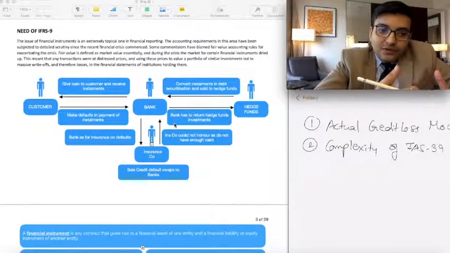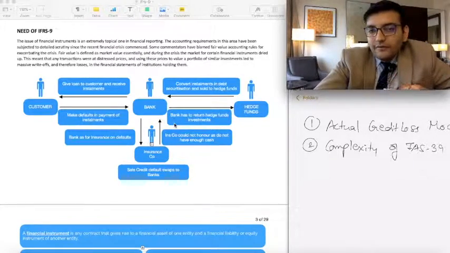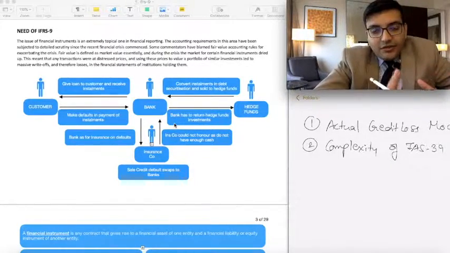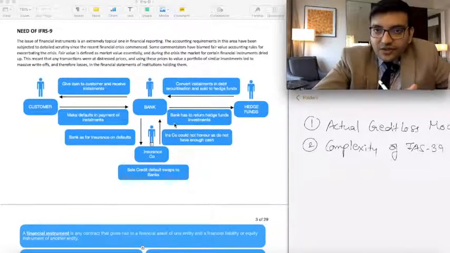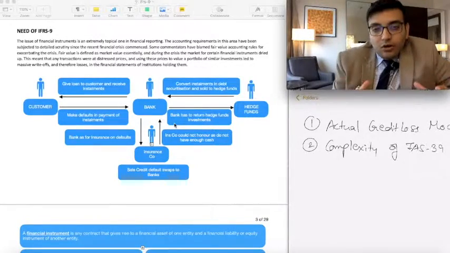Because of such loans, when a huge volume of mortgages was given out by the banks, the risk increased, and such risk was not disclosed in the financial statements of such banks because of this actual credit loss model.